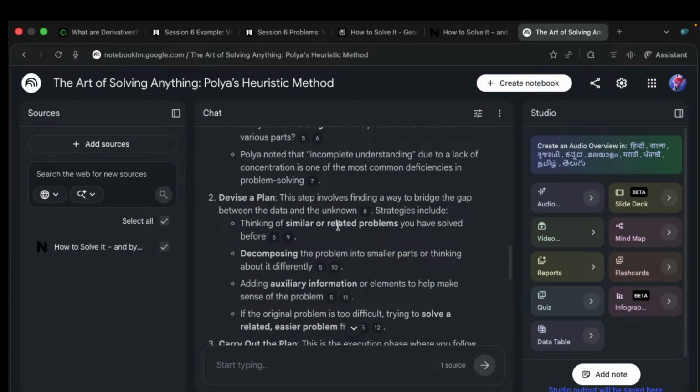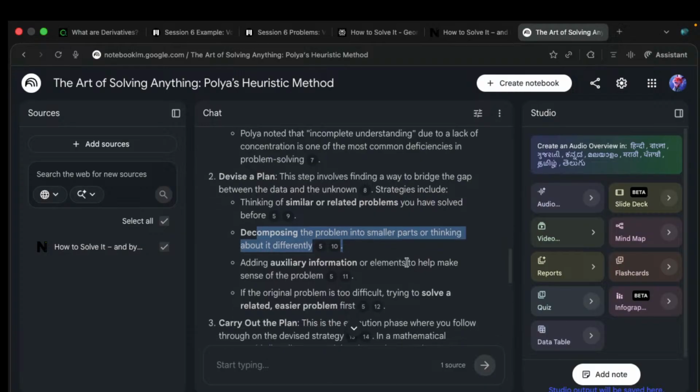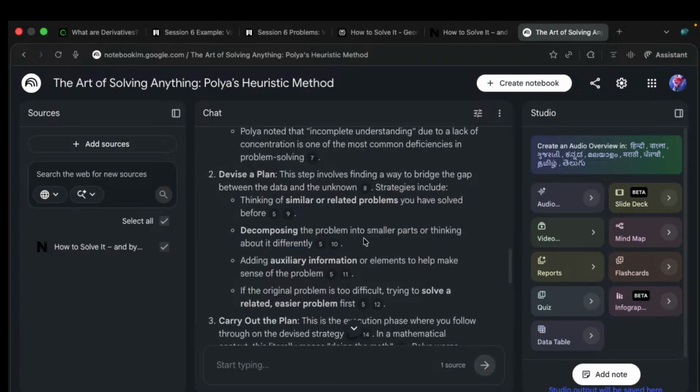All right, let's move ahead. Thinking of similar related problems, decomposing the problem into smaller parts, or thinking about it differently. We can decompose the problem into simpler parts, but how can we think about it differently? What is different? I couldn't understand that.